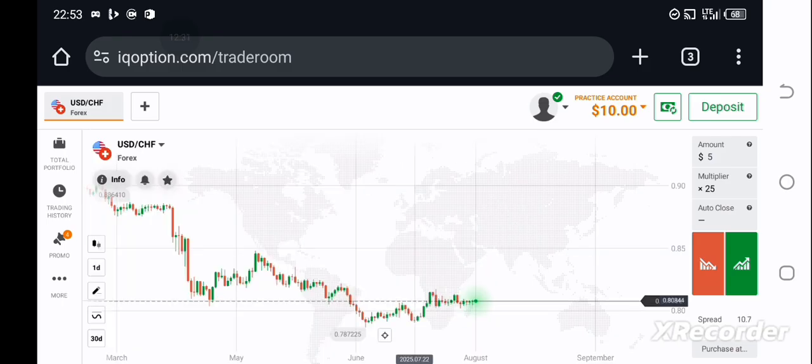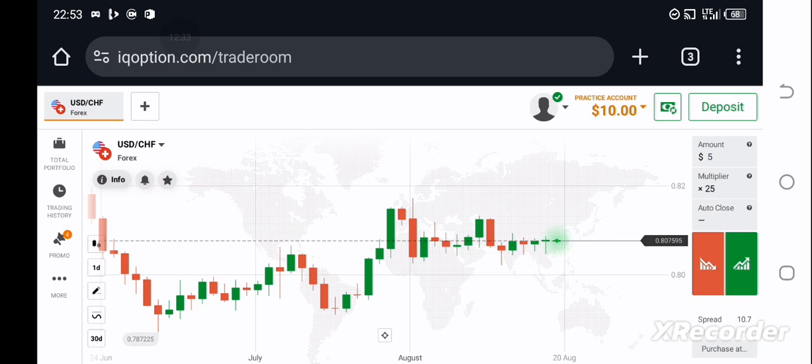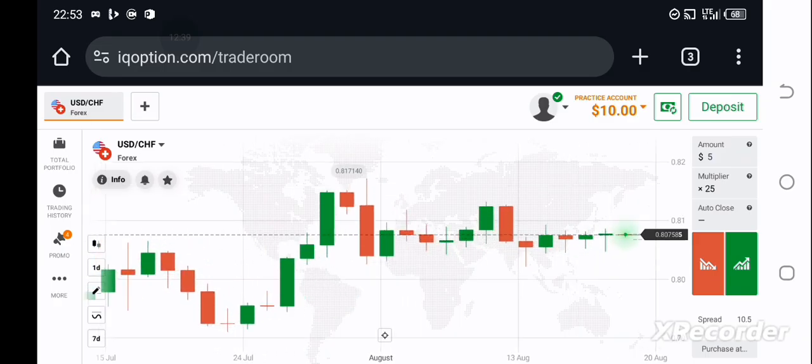Let me see this pair. Look at how bad the US dollar and Swiss franc chart is.